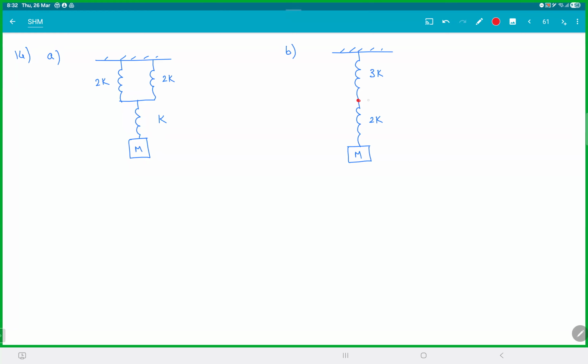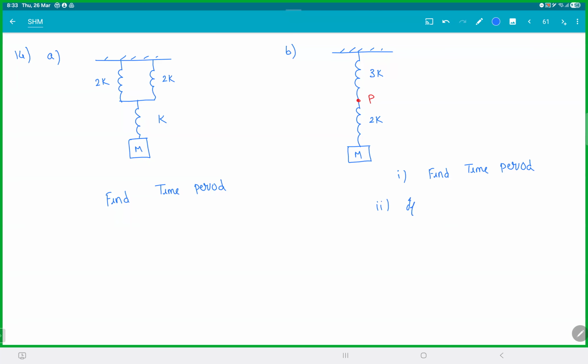This point here, let's call point P. Find time period. That is the first question.